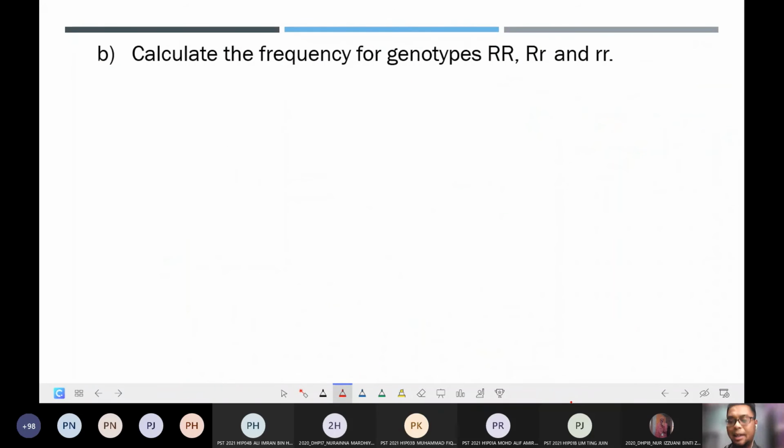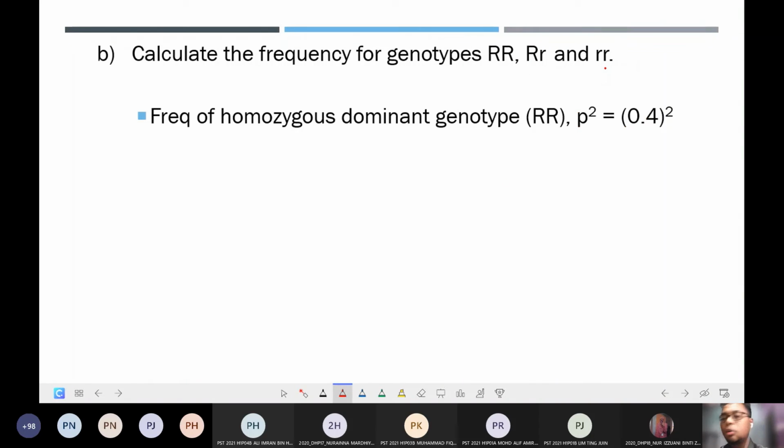Okay, now we continue with the B, in which you need to calculate the frequency of genotypes. Homozygous dominant, capital R, heterozygous, capital R, small r, and also the homozygous recessive, small r. So we just need to use the information that you have calculated already just now.